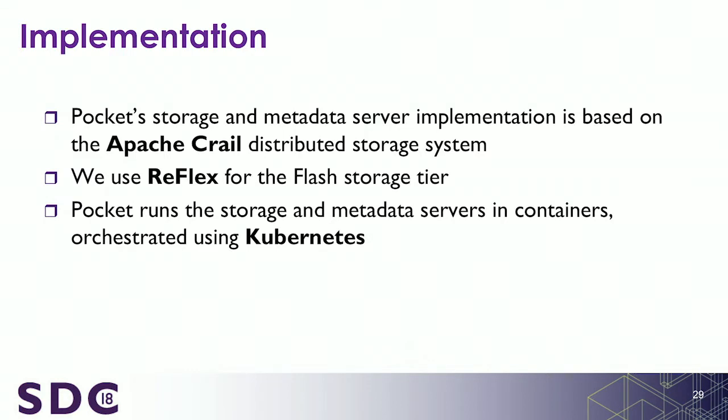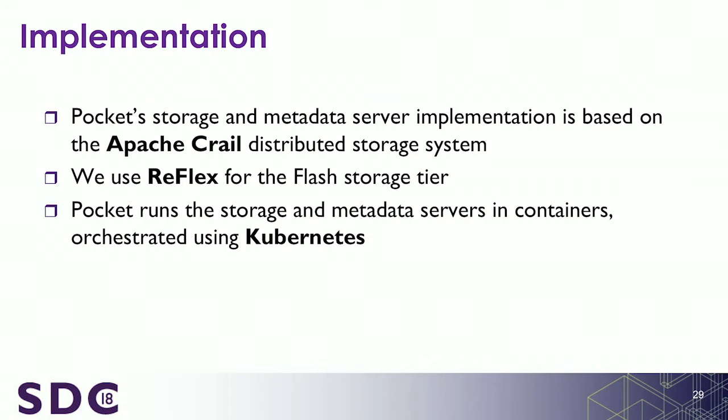Okay, so I'll talk next about how we actually implement Pocket. We leverage several open source code bases. The storage and metadata server implementation of Pocket is based on the Apache Crail distributed storage system, which I'll talk about next. And to implement a fast NVMe flash storage server tier, we use ReFlex.